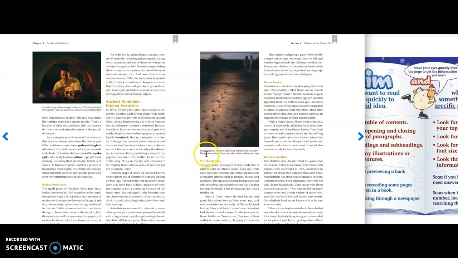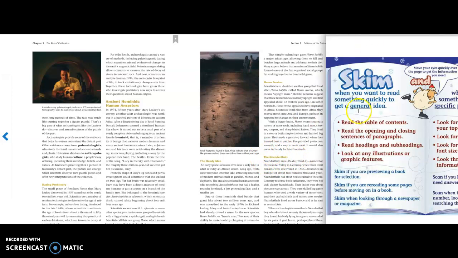The handyman. So I know this is probably handymen during when it was just very prehistoric. Homo erectus and the Neanderthals. We all know what Neanderthals are, right?